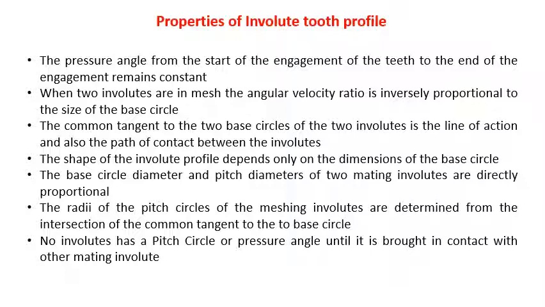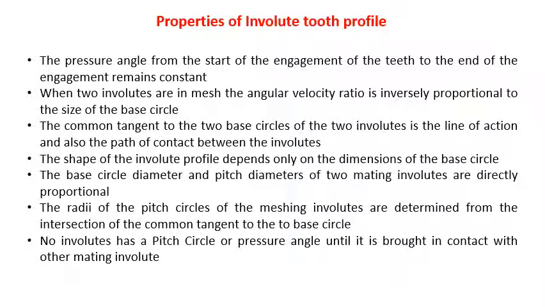And the third property is the common tangent, which is passing through the pitch point, is the line of action. It is the line of action and also the path of contact between the involutes. So this common tangent acts as a line of action and also the path of contact between the two involutes.